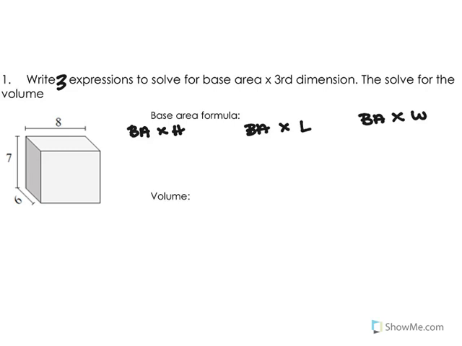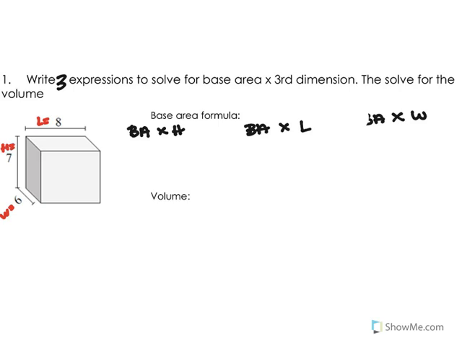So let's go ahead and look at this figure with its dimensions, and let's figure out what numbers we would be multiplying together to find the base area for each given area formula. First off, I can see that my length equals 8, my width here equals 6, and our height equals 7.